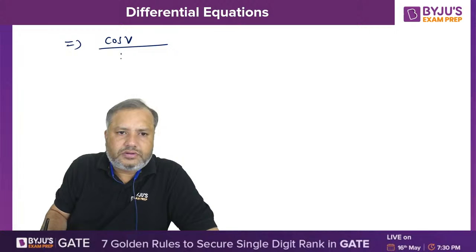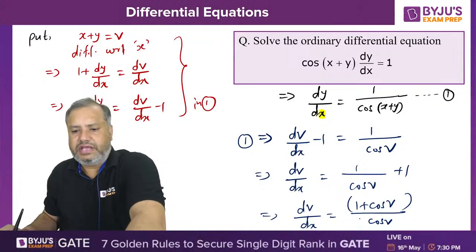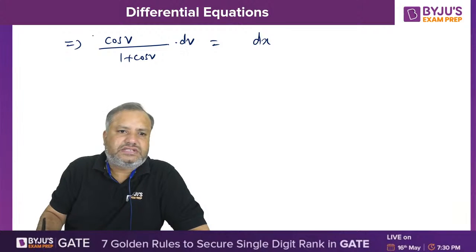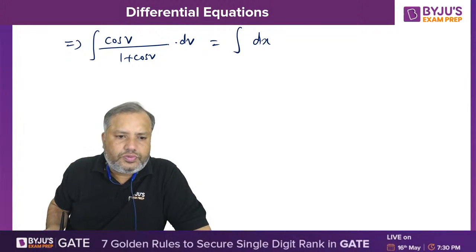Cos v upon 1 plus cos v dv, and dx on the right hand side. Variables are separated. Integrate both sides. Now what to do? I am doing a little adjustment here.